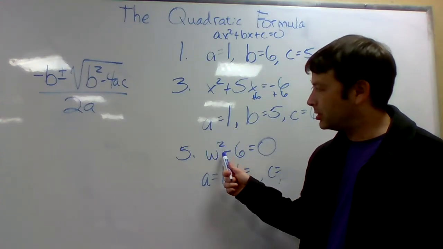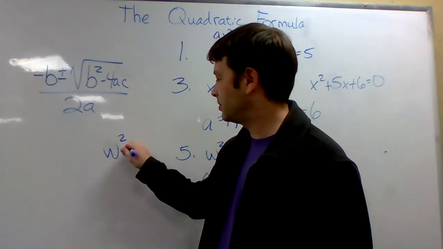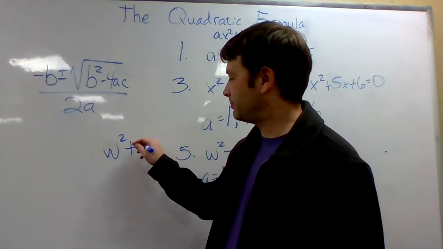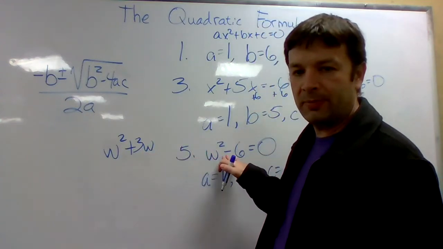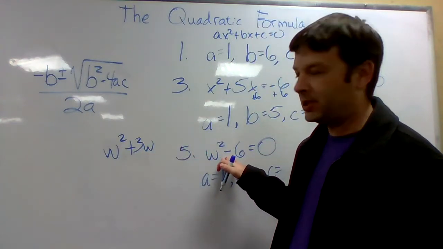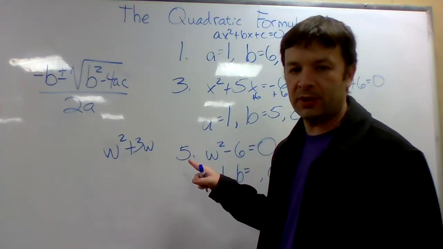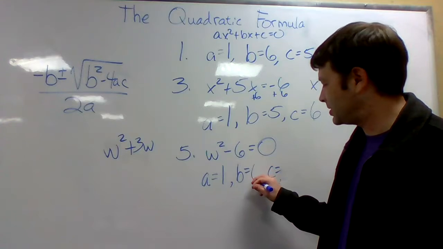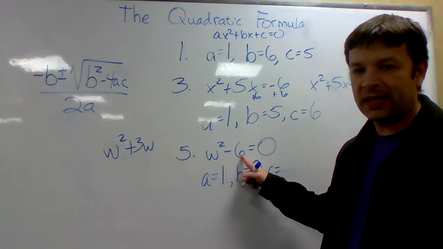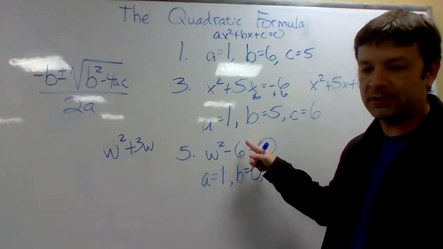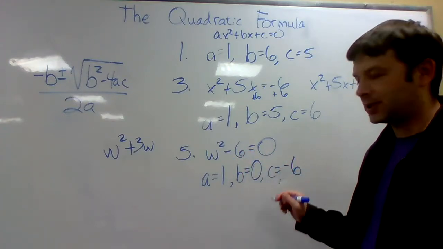Normally the middle term should have something like 3W or 2W. There is no W term in there. That means there's like a 0W. So the B value for this one is actually a 0. The minus 6 is the last term, the constant. So C is negative 6.